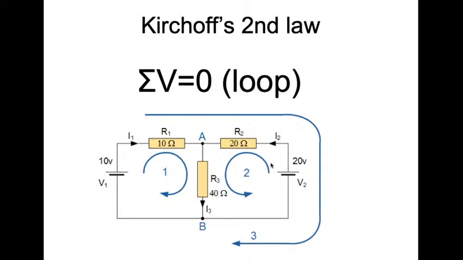Now with loop 2, if I were to draw it instead of as it's shown here, if I were to draw it like this, with the electrons coming down, coming up here, we're going to have the electrons battling it out, right? Because from loop 1, we would have them coming down. From loop 2, they would be fighting against each other going up.